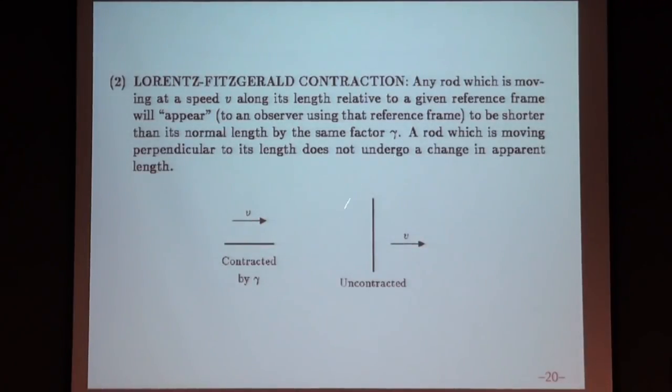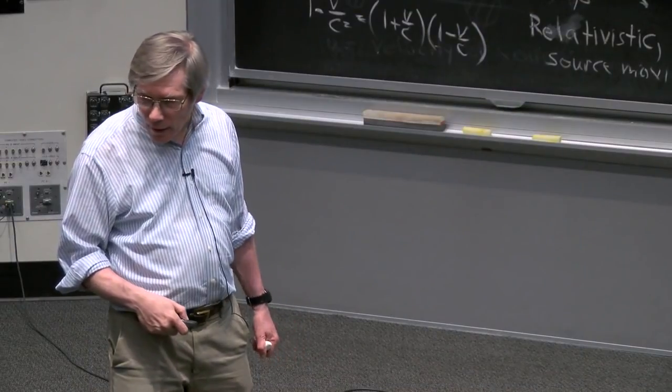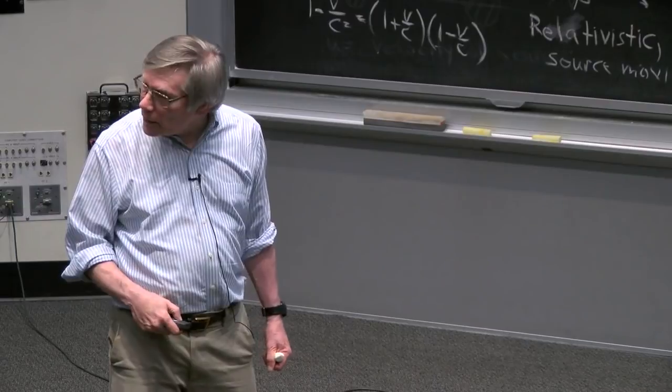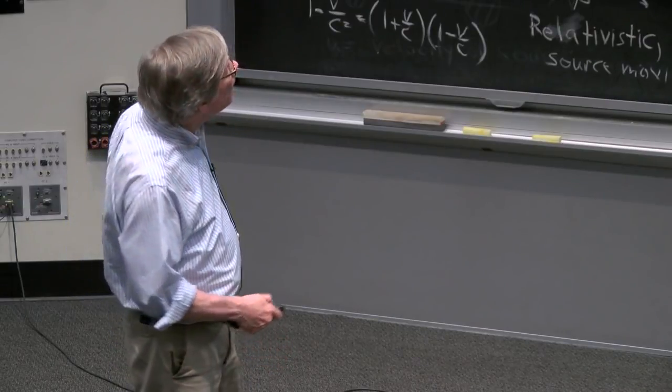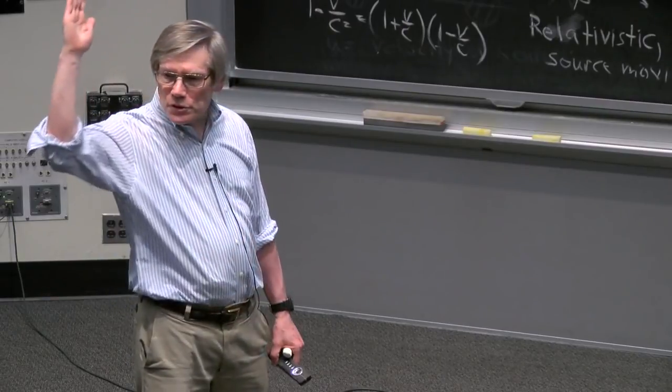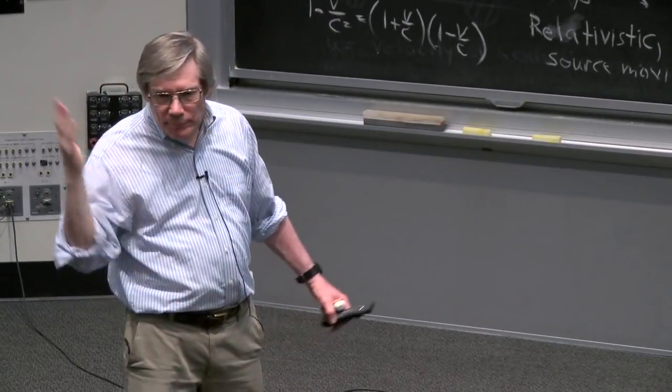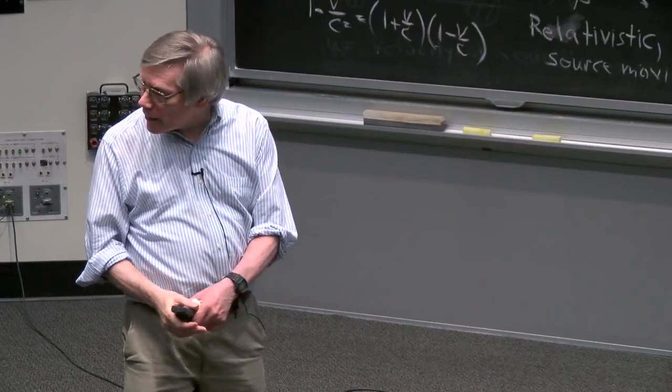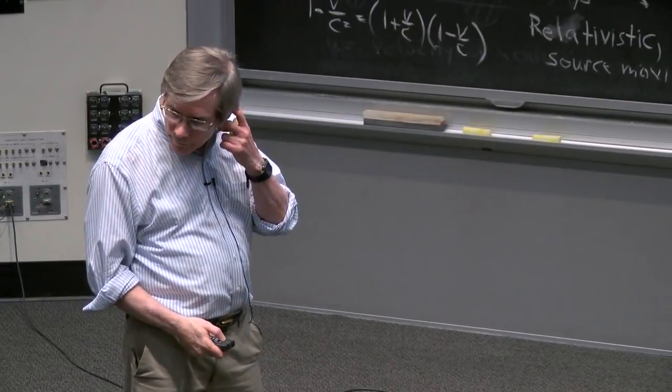So these pictures kind of show it all. A rod, that bar is the rod, a rod which is moving at speed v will look contracted, will appear to be contracted by a factor of gamma. And a rod which is moving perpendicular to its length, a rod which is like this, moving this way, has no such effect. It will appear to have its natural length.